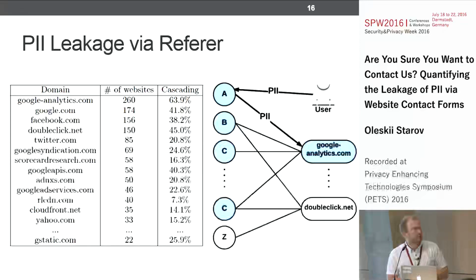Basically those are fractions of our top 100,000 popular websites. It's pretty scary because we know that Google Analytics or DoubleClick already use some tracking techniques, but now, after one accidental leakage, they can get even real PII and identify the user on the majority of websites.